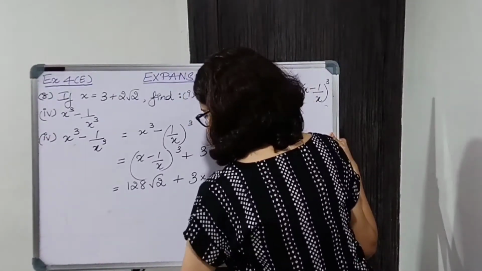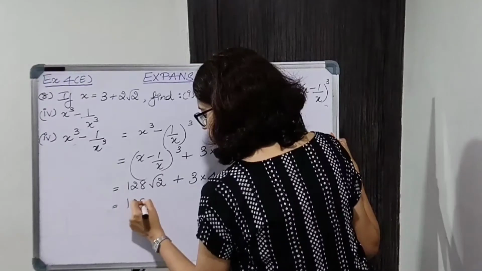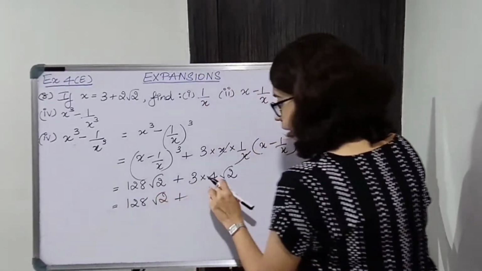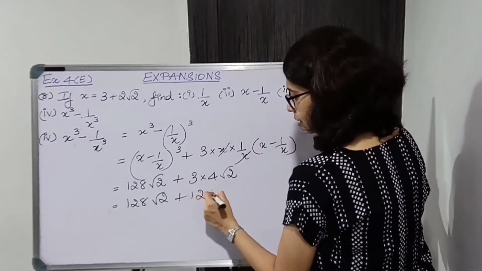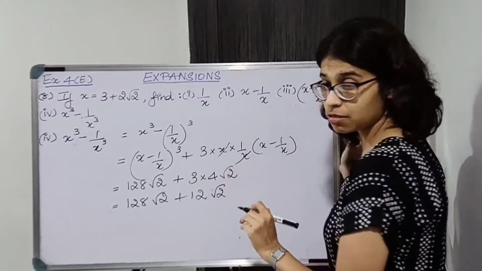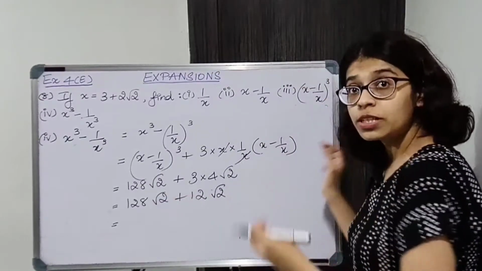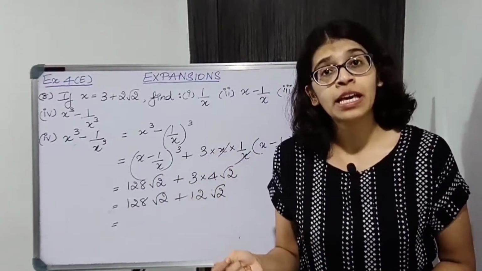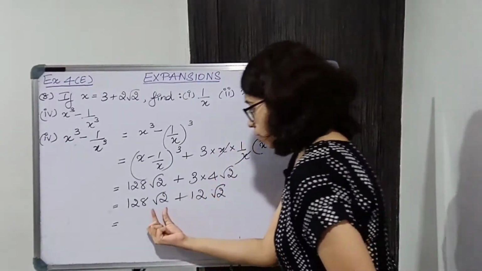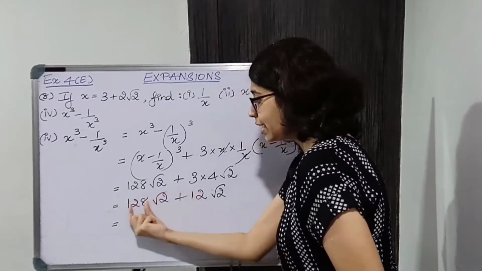So 128 root 2 plus 3 4s are 12, root 2 will remain as it is. The roots are same, the number inside the root is same, the power of the root is same. So over here the number outside the root we can add or subtract.